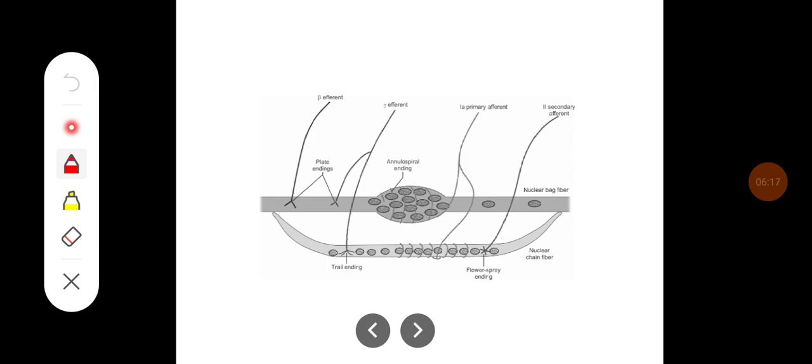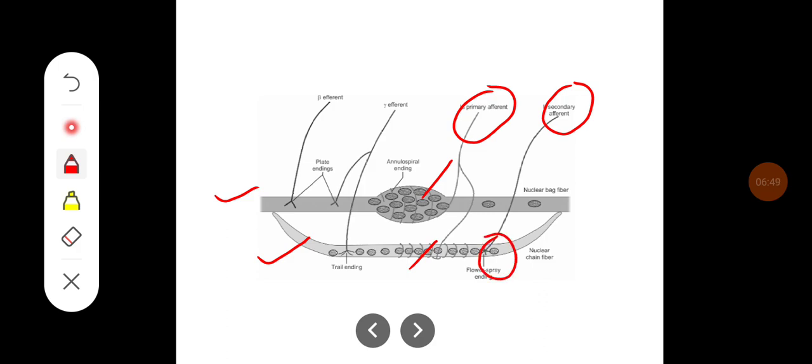So this is the structure of the nuclear bag fibers, and this is the chain fibers. If you see the innervation, the primary afferent is going to innervate both the nuclear bag fibers as well as chain fibers. And the secondary afferent fibers are going to innervate only the nuclear chain fibers.